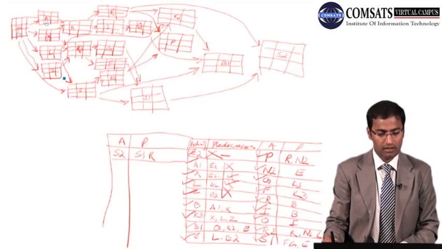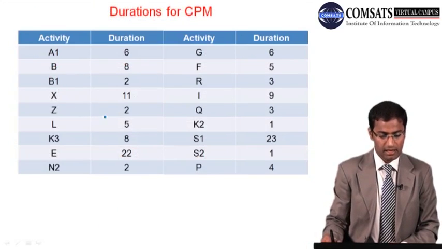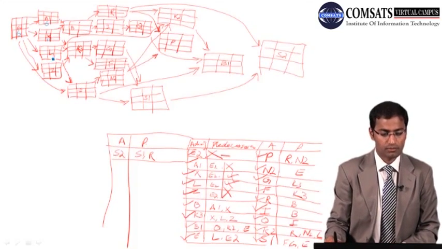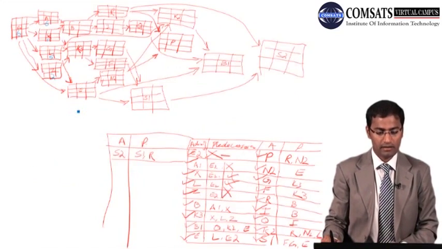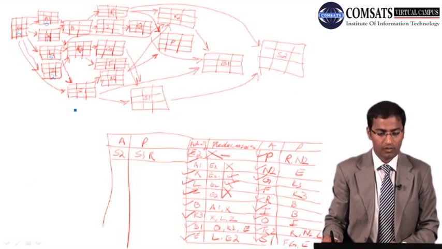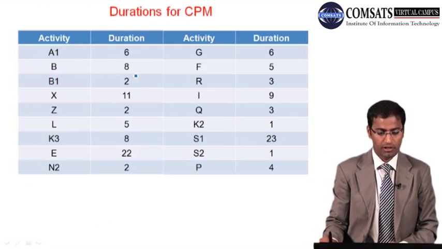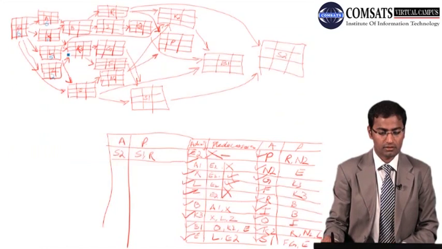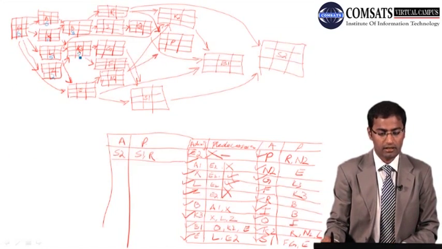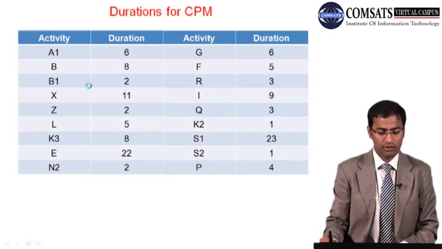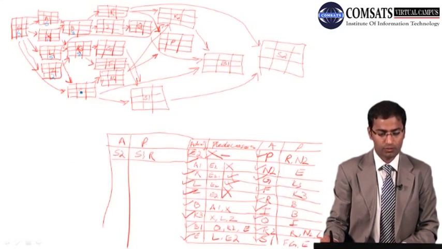And then we are having L and Z, 5 and 2, and then we are having B and K3, 8 and 8, and then we are having E, E is 22.